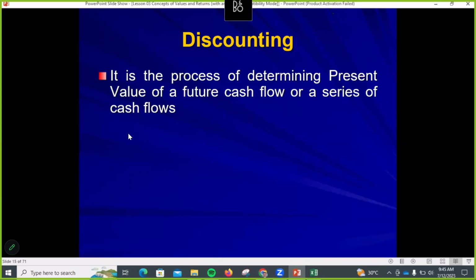It is a process of determining the present value of future cash flows or a series of cash flows. So if you are given or projected the future cash flows, you want to make a decision on whether the future cash flow has a value for the investments.